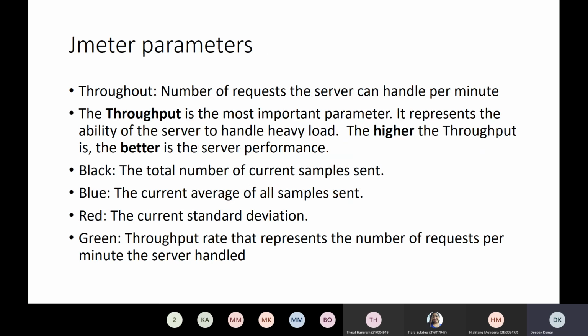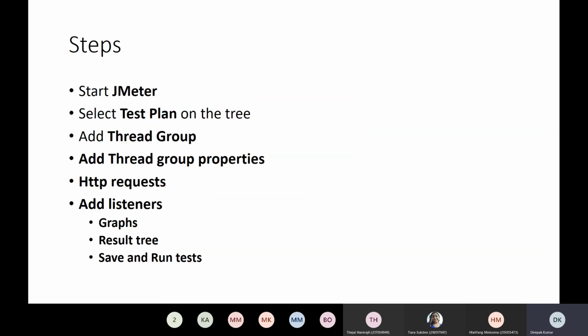I won't go much into detail, but obviously it tests different things. It helps you to create a test plan, a thread group. It also tests HTTP requests. It can provide different listeners, graphs and result trees for you, and that's it basically.